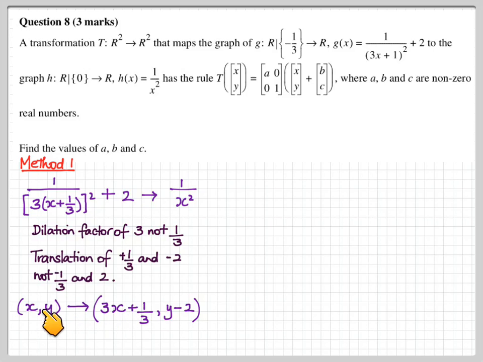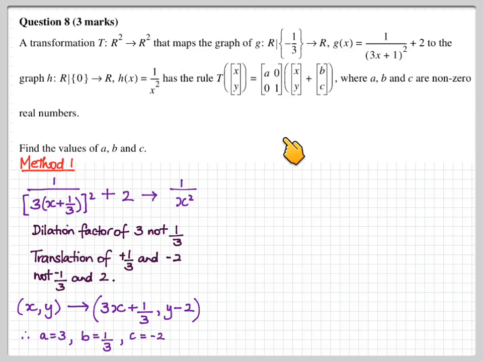So my point x, y is being transformed like this. Dilation factor of 3, translation of a third, and translation down of minus 2. So that'll give me the answer of a equals 3, b equals a third, and c equals 2.